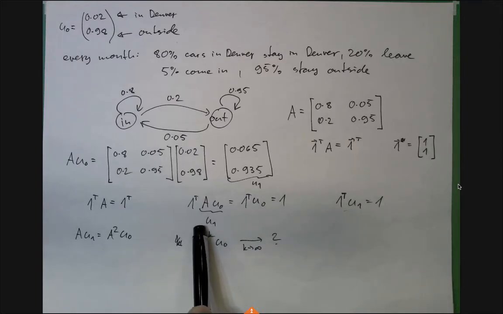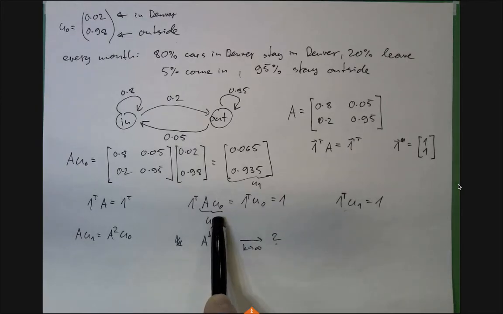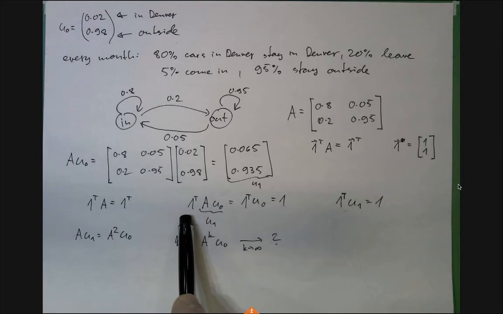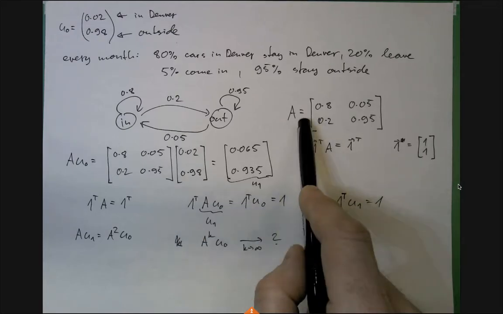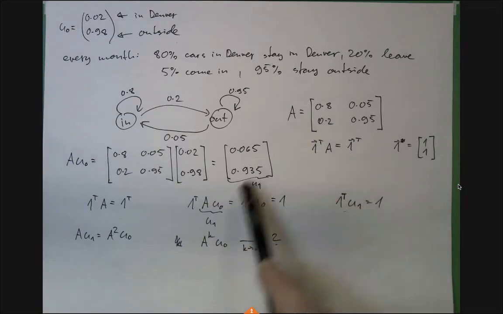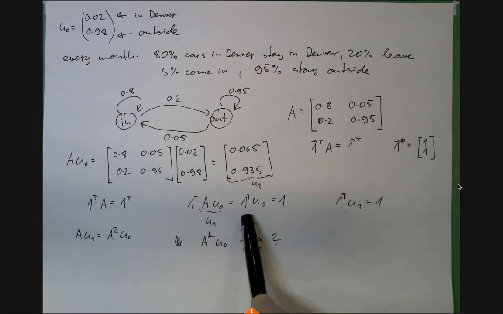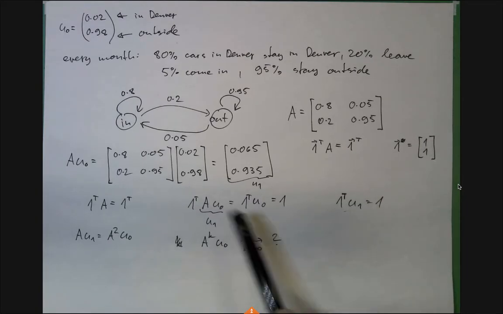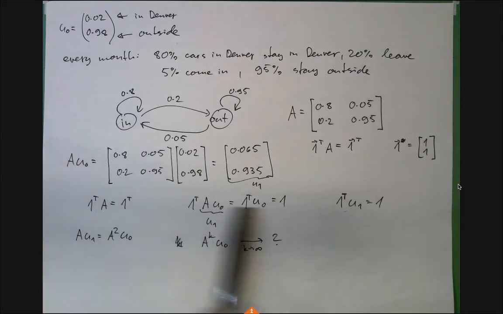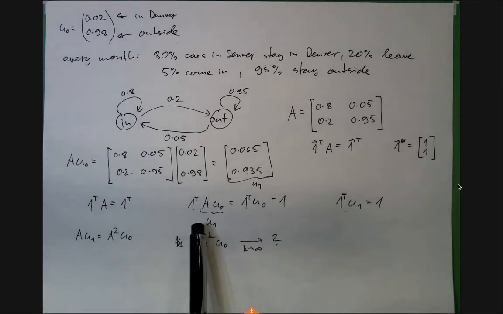That's true in general because of this calculation, right? If I do 1^T U1, I can write U1 as A U0. But then I can do first 1^T A, and because A is a Markov matrix, 1^T A is just 1^T, right? And 1^T U0, I assume U0 was a distribution in the beginning, so this is 1, okay? So that means 1^T U1 is also going to be 1.